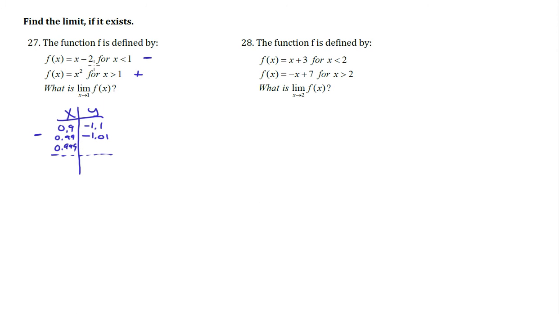You can do these on your calculator as well. And then 0.999 minus 2 is going to give us negative 1.001. So you can tell as we get closer and closer to 1, hopefully you can look at this and say we are approaching negative 1. So the limit as x approaches 1 from the negative side is negative 1. Now let's see what happens on the x squared.